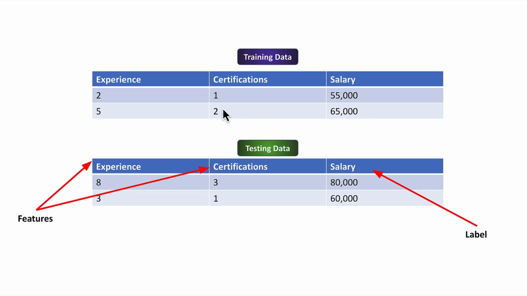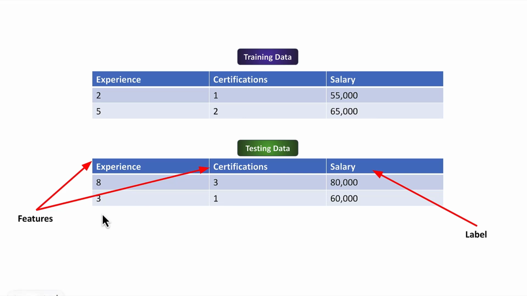And as inside this dataset, we are predicting the salary of a person based upon experience and certification, here our output or predicted value is salary. So we call the column which we are predicting the label. And the columns using which we predict this label are called features.